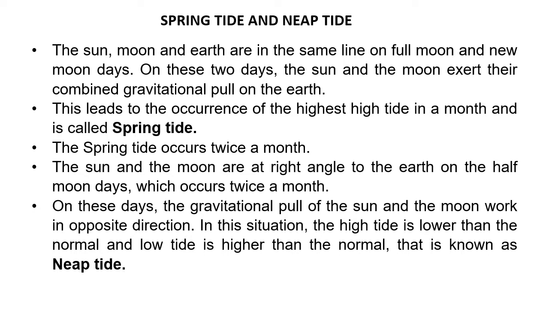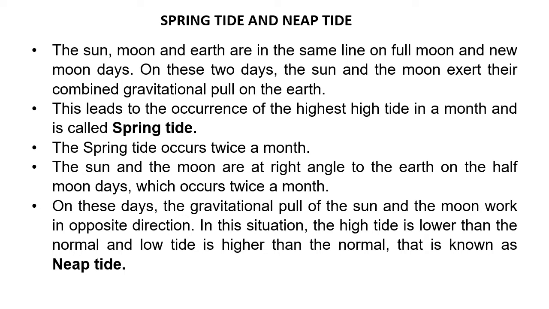And this leads to the occurrence of the highest tide in a month, which is called the spring tide. And this spring tide occurs twice a month. So you have understood that the highest tide is called the spring tide.